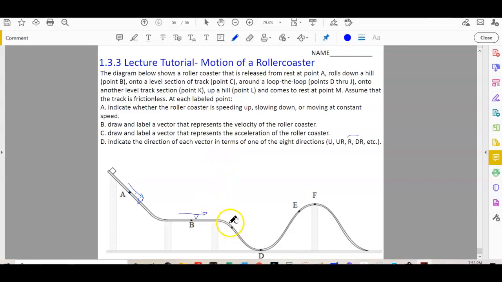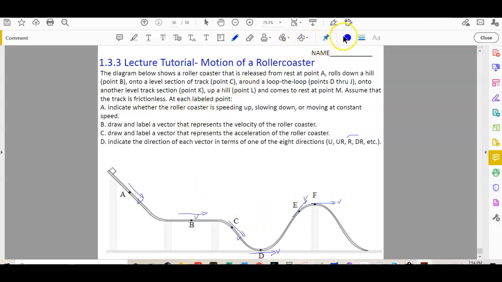Okay. At C, a tangent to this circle looks like it's that direction. At D, it looks like it's just to the right. At E, it looks like it'll be going up and to the right. And at F, it'll be going just to the right.